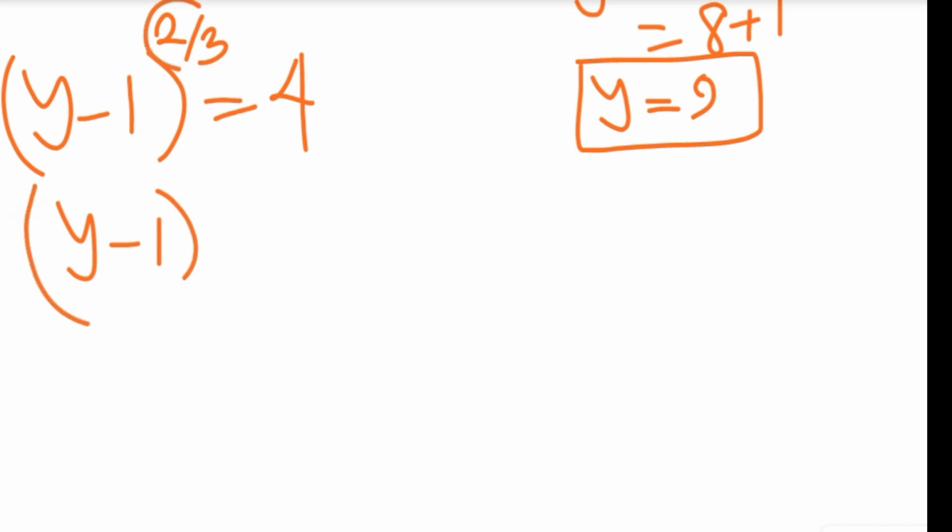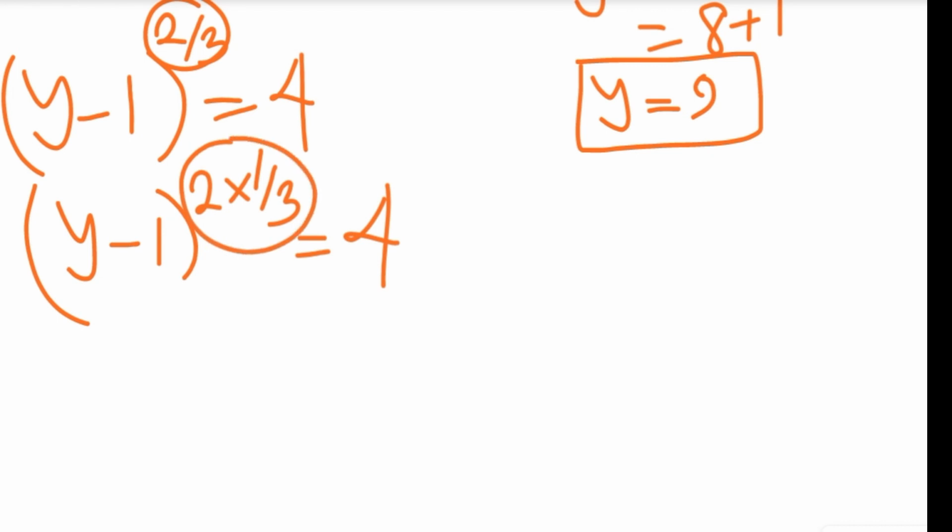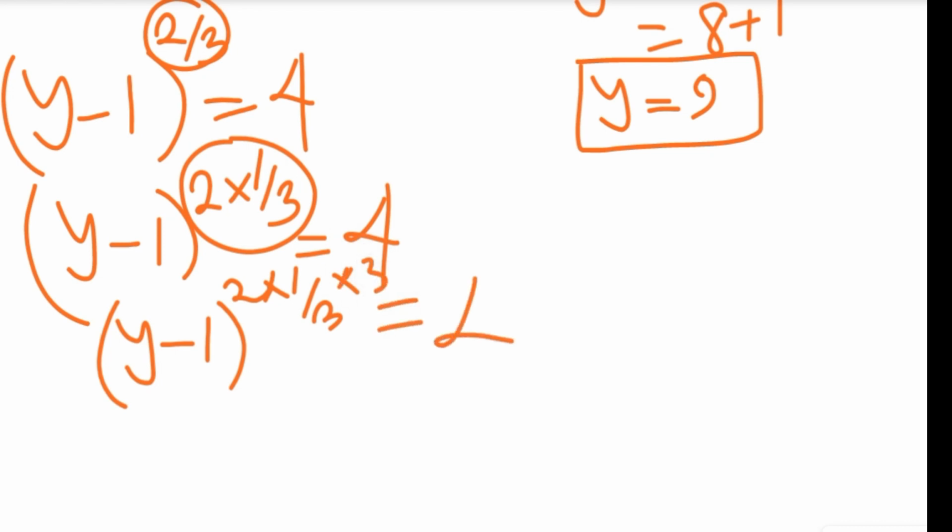Remember, this power can also be written as 2 multiplied by 1/3, and that will be equal to 4. To simplify this whole expression, we can raise both sides to the power of 3, and that will give us 2 times 1/3 times 3, and this will give us 4 raised to the power 3.